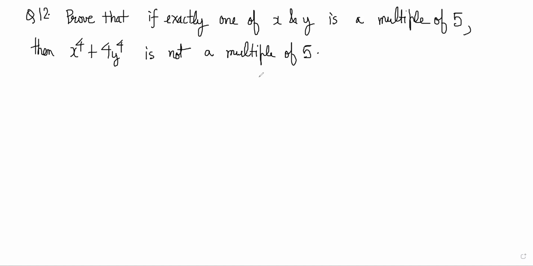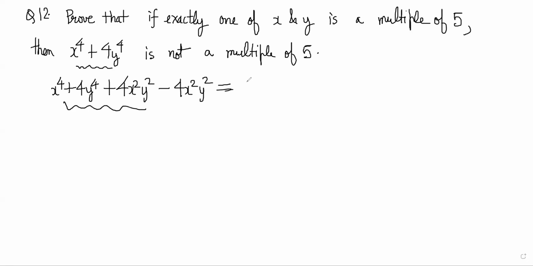So first thing is, always think of this. This is a standard factorization. So you can write this as x power 4 plus 4y power 4 plus 4x square y square minus 4x square y square. So now you can write it as a difference of two squares. So this becomes (x square plus 2y square) whole square minus (2xy) whole square.